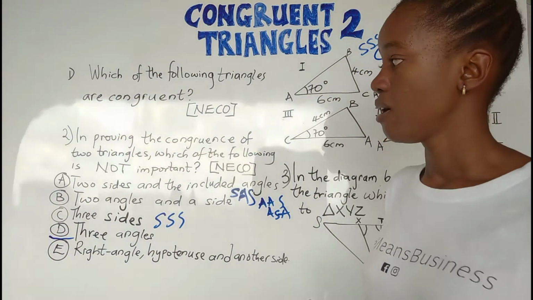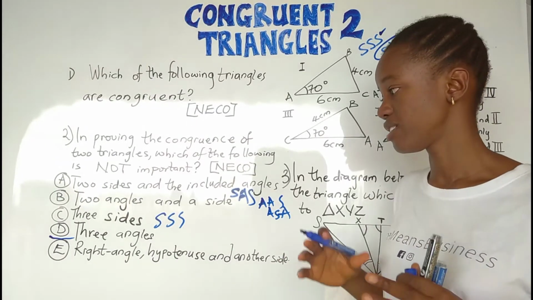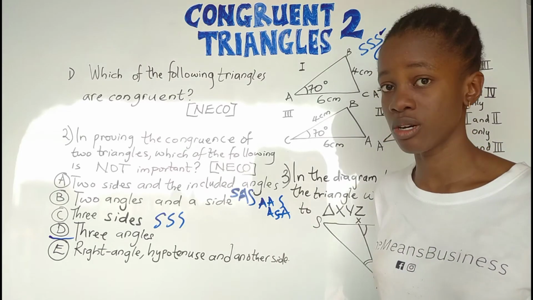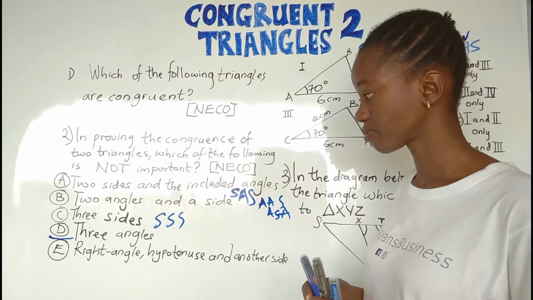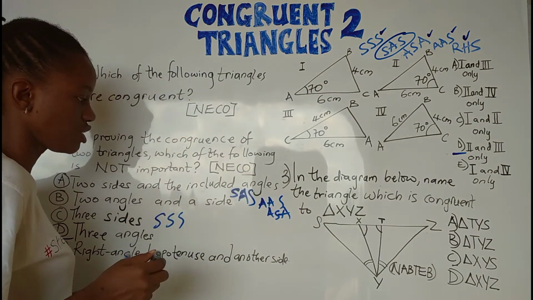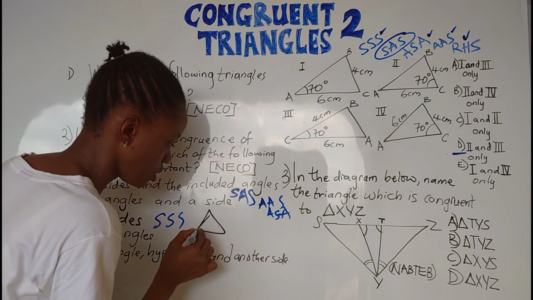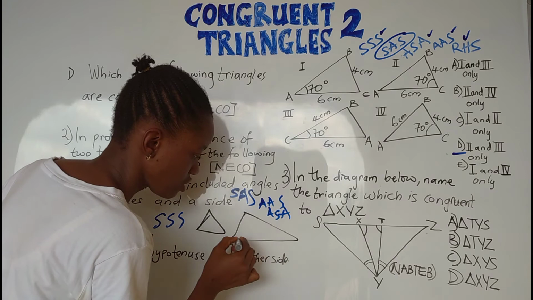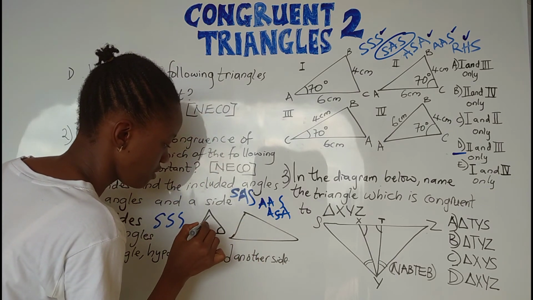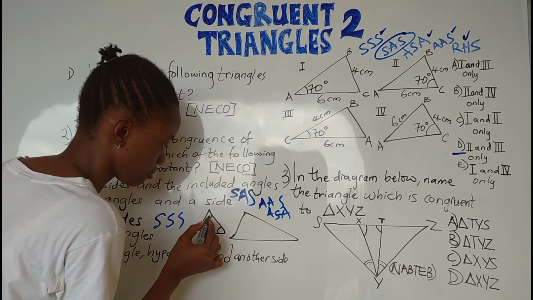You don't determine whether two angles are congruent by saying that what? By knowing that the triangles are what? Equal. The reason for this is that any triangle, you could have this triangle, and you could have this bigger triangle. They have the same set of degrees.